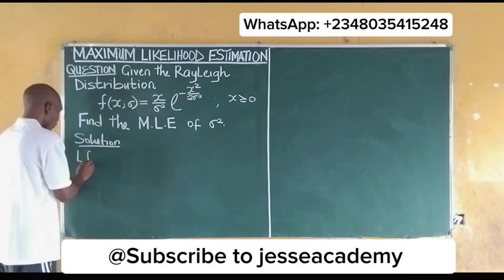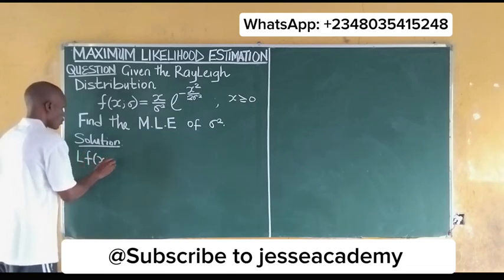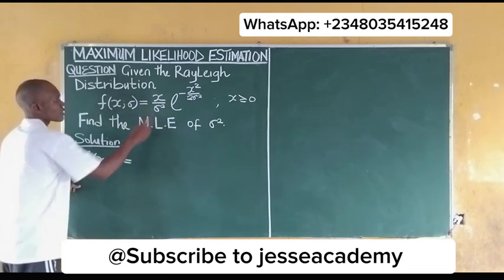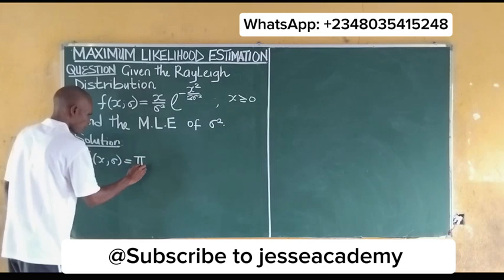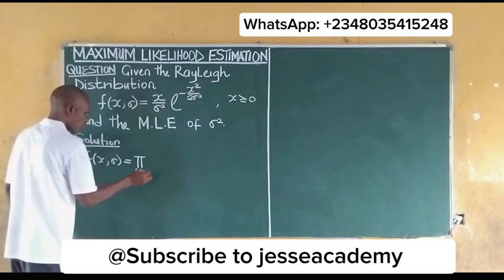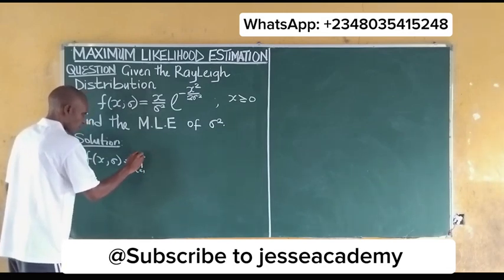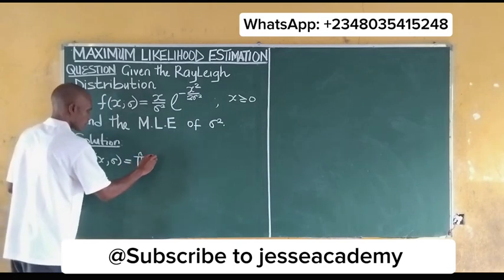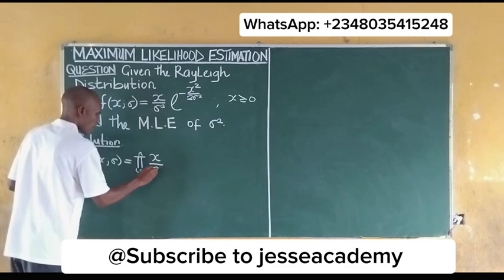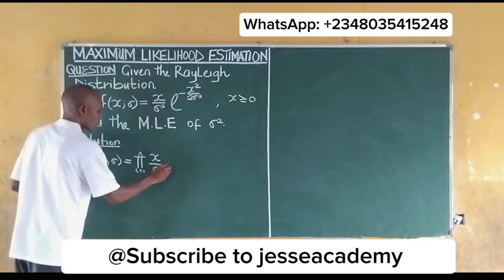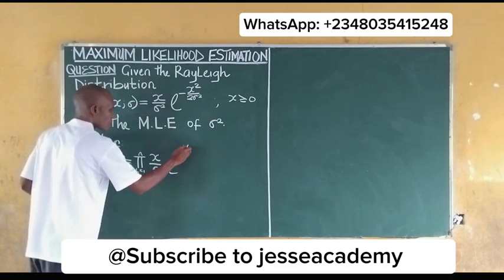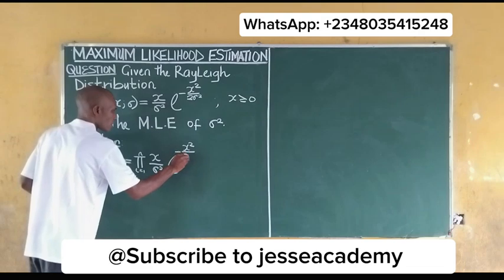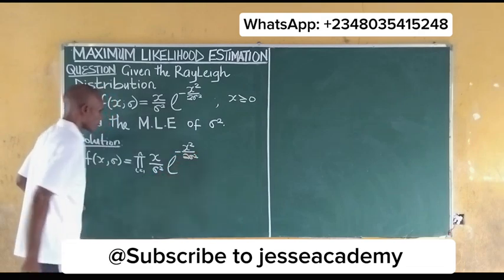The likelihood function of the distribution given, in this case the Rayleigh distribution, is the product, which ranges from i to n, of x over sigma squared, exponential negative x squared all over 2 sigma squared.